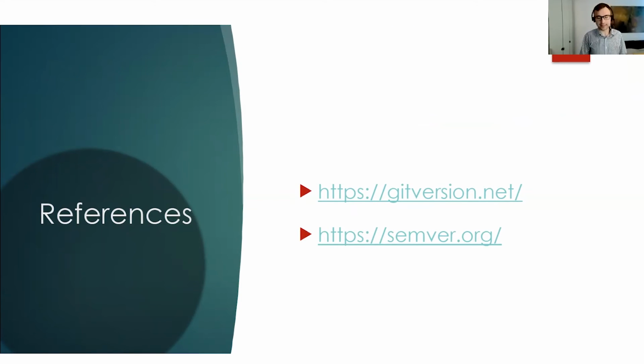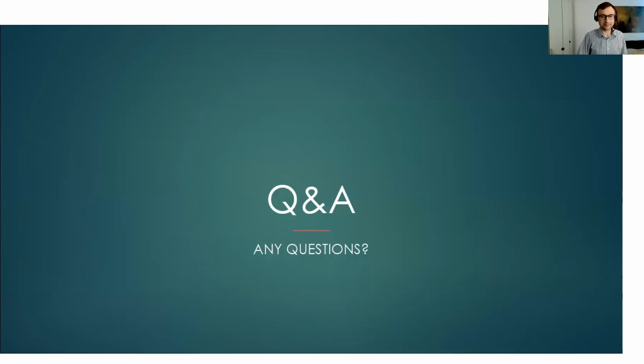One is GitVersion, the documentation of the tool with the installation steps, and the second is the semantic versioning documentation. Small page, but very useful, very technical. But once you get the idea behind semantic versioning, it's very nice to use. So thanks, that's all from my side at this point, and feel free to ask any questions.